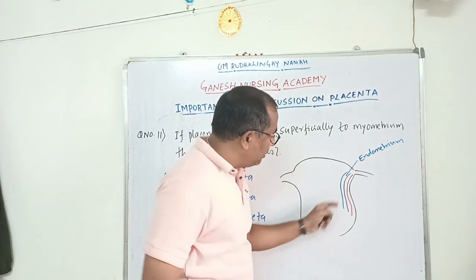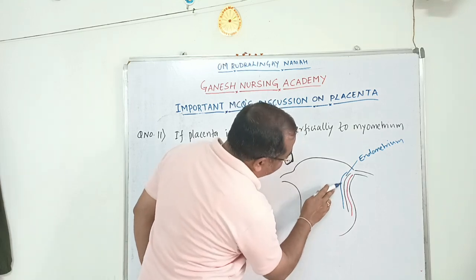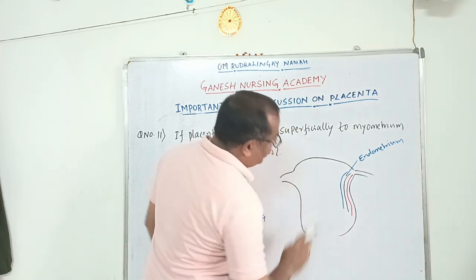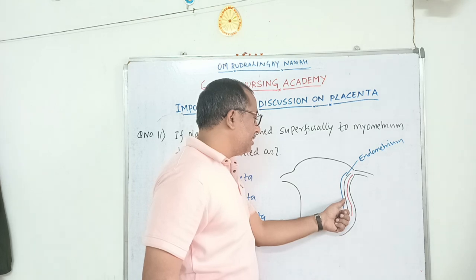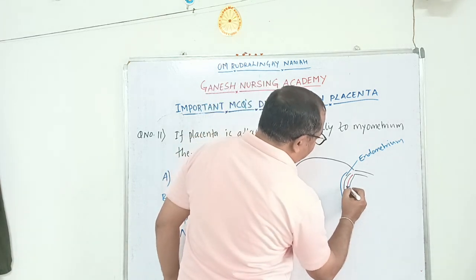Where you can see the space between the blue and red, this is called the endometrium, and this is the myometrium.